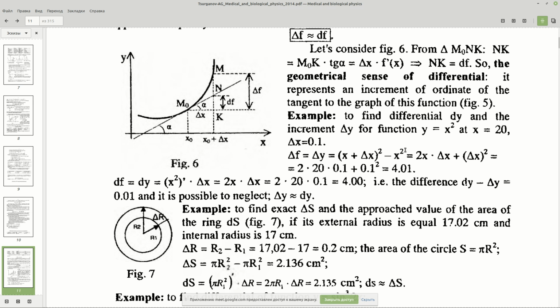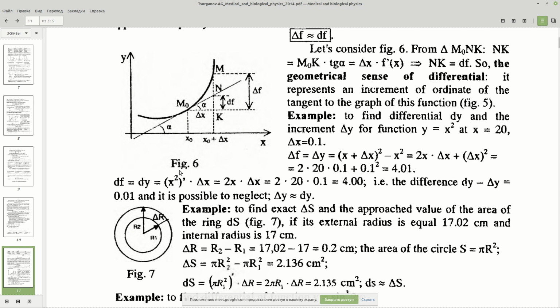Yes, and df is equal to dy, which will be (x squared) prime multiplied by delta x, so it will be 2x multiplied by delta x, which is 4. So in other words, the difference delta y minus dy will be 0.01, and it is possible to neglect it and say delta y equals dy.